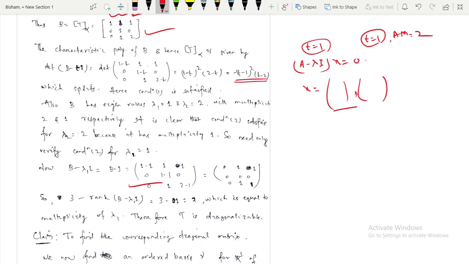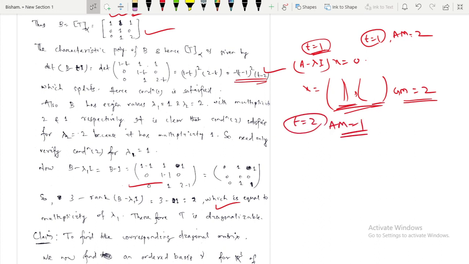If you do this calculation like in the previous class, you will get two corresponding eigenvectors for t equal to 1. So the geometric multiplicity will be 2, and for the other eigenvalue, since it is distinct, we will get only one vector, which is okay.